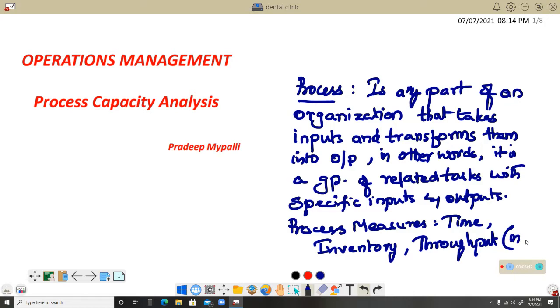These are the main things that the process measures mainly. So what is a process measure? The main factors are time, inventory, throughput. The next term that you need to understand is process capacity.